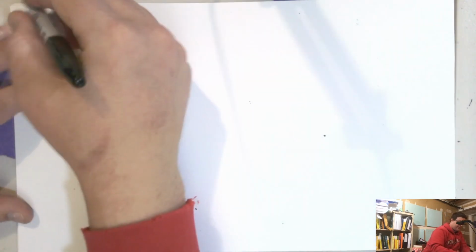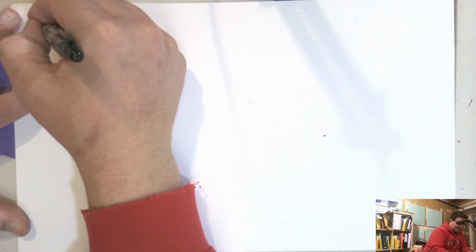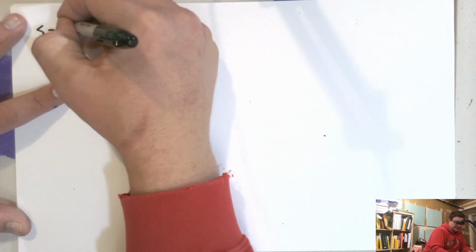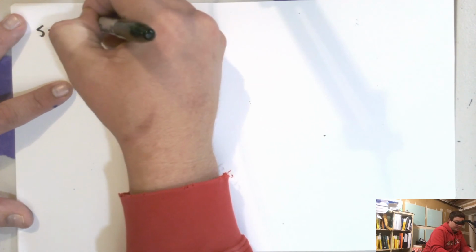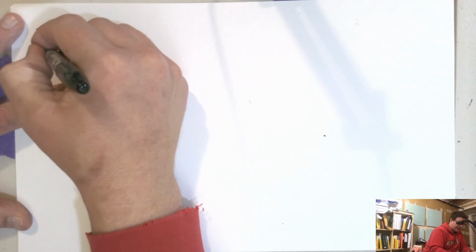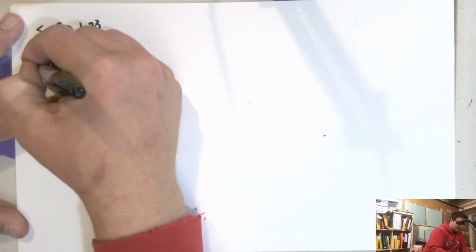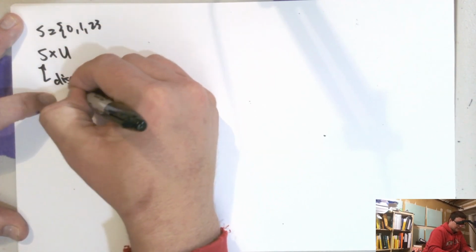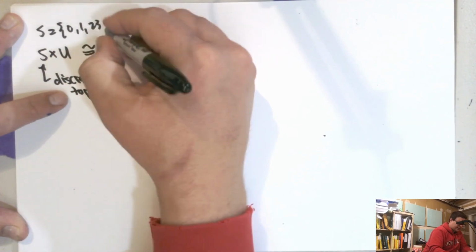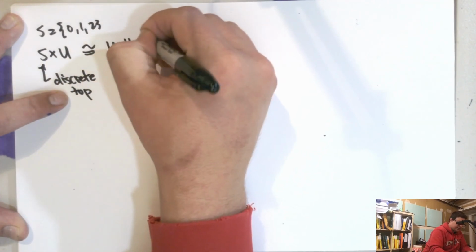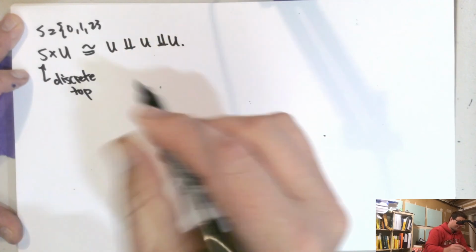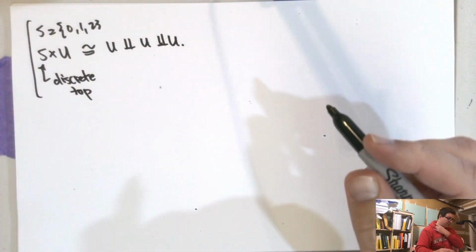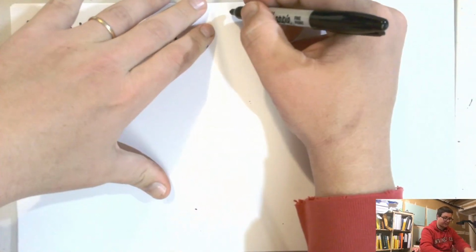What I'm saying here is that if S is a finite set, say like 0, 1, 2, then S cross U, with the discrete topology, is the same thing as U disjoint union U disjoint union U. Okay. So that's one way to think about products with the discrete topology.